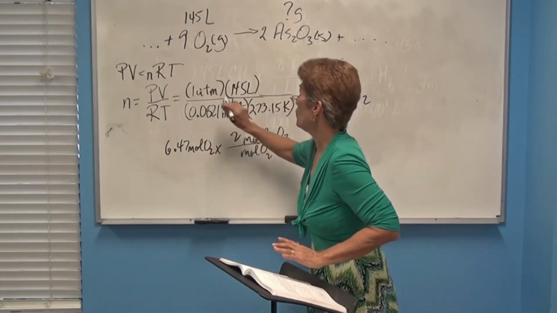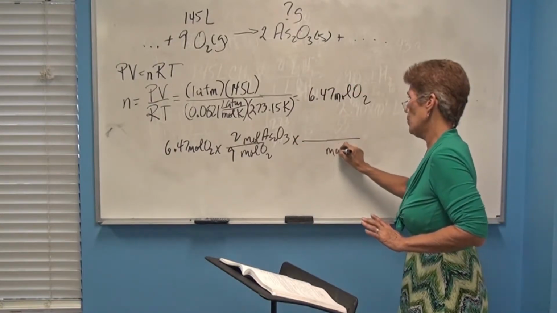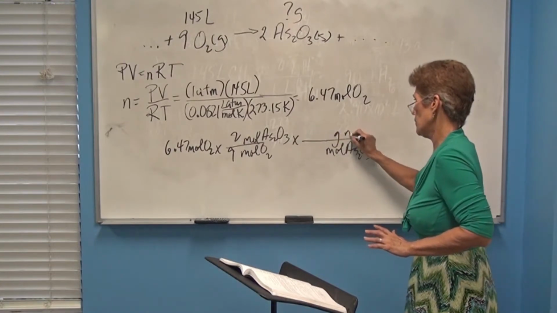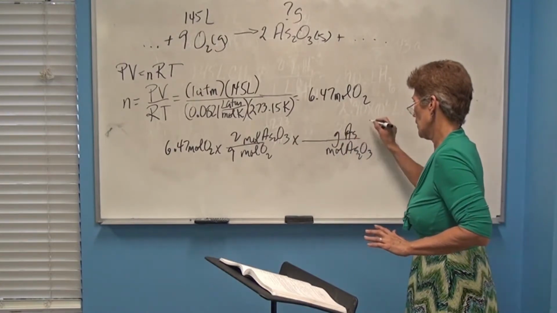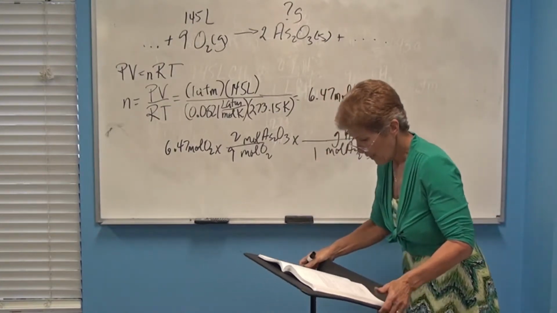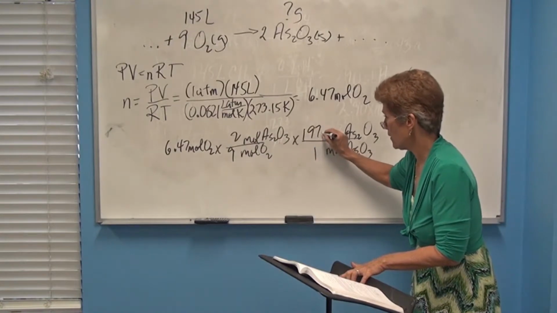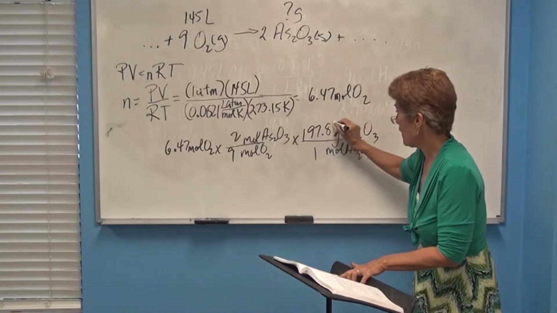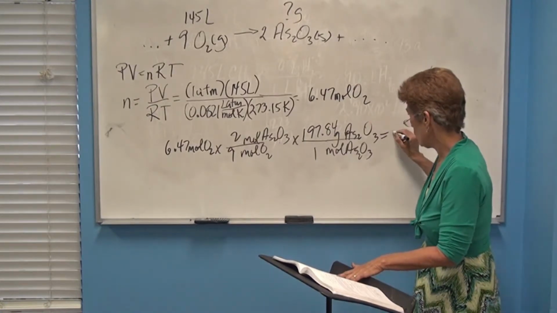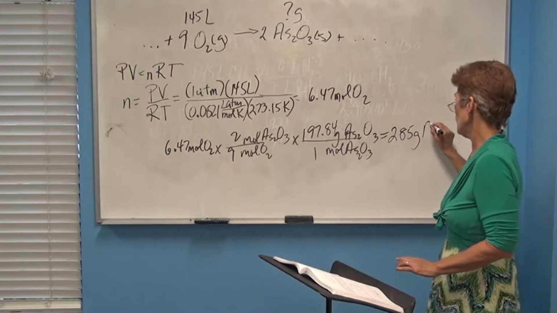That gets a 2, that gets a 9, and then we're going to go from the moles of that product to the grams of that product. 1 mole, and let's see, if you add that up, that's a heavy one, 197.84 grams. And so that's going to give you 285 grams of that product.